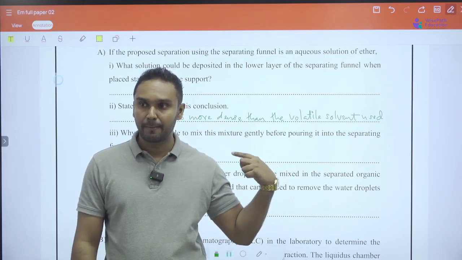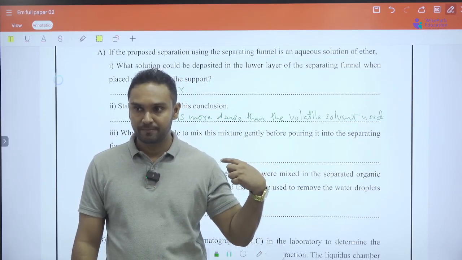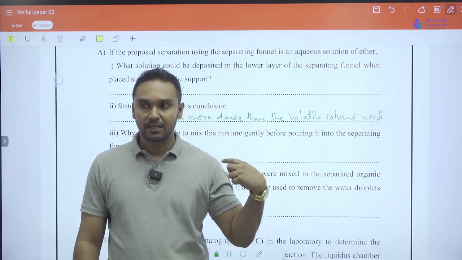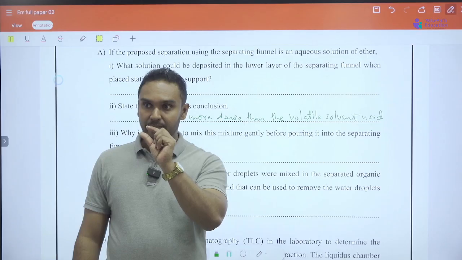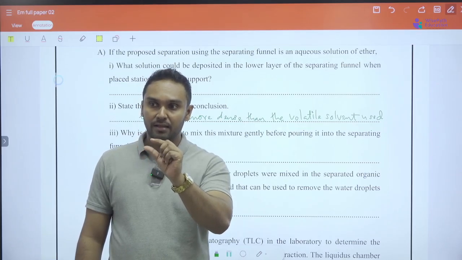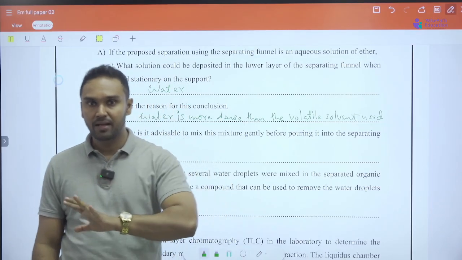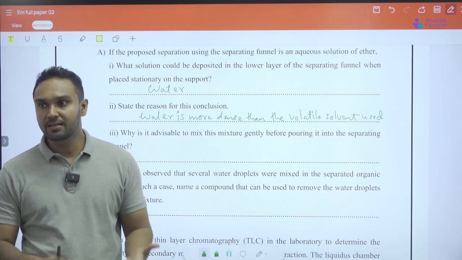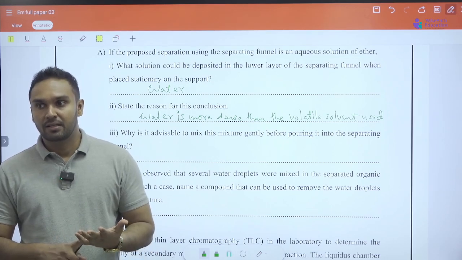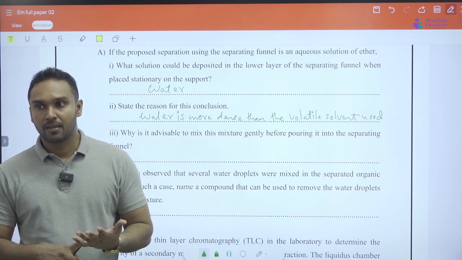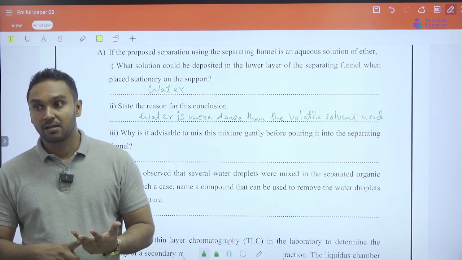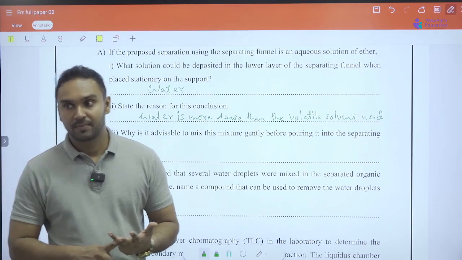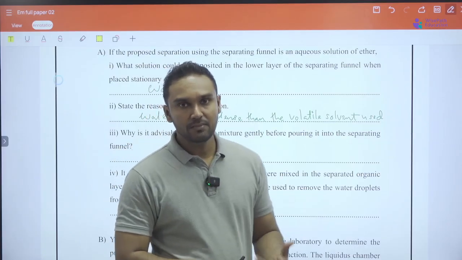When you are mixing two things that don't completely dissolve in each other, we call it distributed as two phases. One is which phase? Continuous phase and disperse phase.